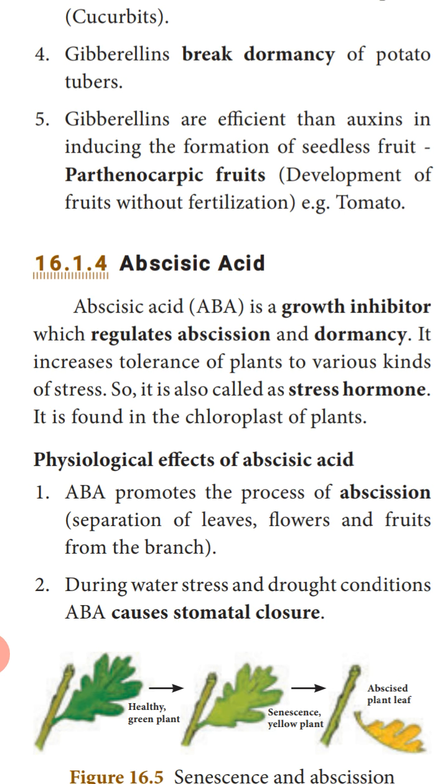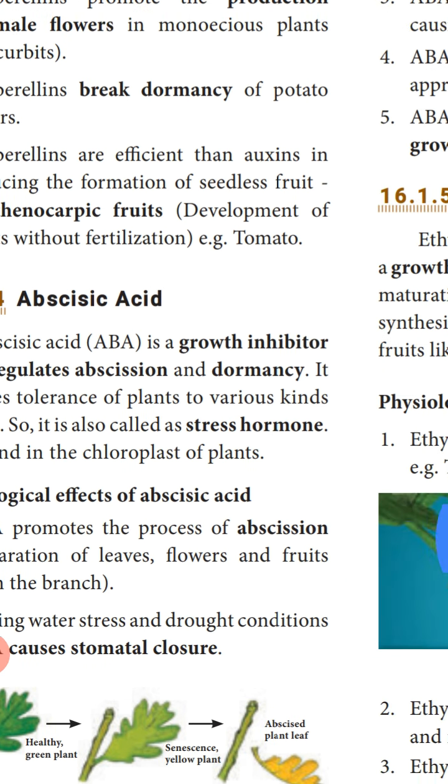The plant will lose water and may undergo drying, wilting will take place. So here the abscisic acid, what is it doing? It is causing the closure of the stomata so that the plant can retain the water. So the next physiological effect we have studied: it causes the closure of stomata during the drought condition.